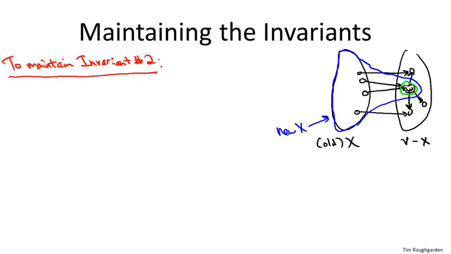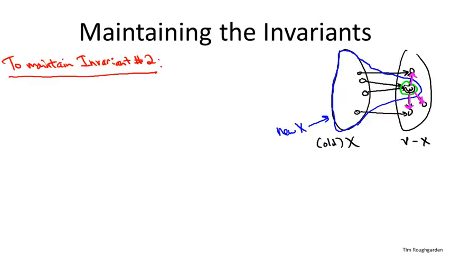Now, there are some edges which used to cross the frontier and now don't. Those are the ones that are coming into W. Those we're not so concerned with. Those don't really play any role. What makes things tricky is that there are edges which used to not be crossing the frontier, but now they are crossing the frontier. And those are precisely the edges sticking out of W. So in this picture, there are three such edges, which I will highlight here in pink.